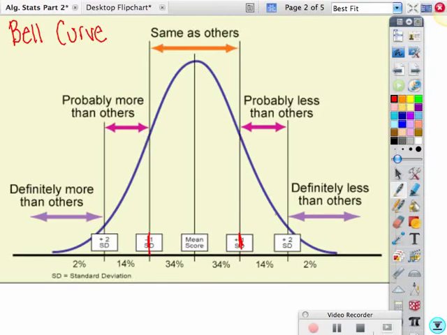So this out here is more than one standard deviation away, and this is one standard deviation away in the negative direction, so it's smaller. When we're looking at this information, we find our mean, we find our standard deviation, and we add that to the mean, and then we subtract it from the mean. They actually did it twice in this picture, so let's do that with some information.